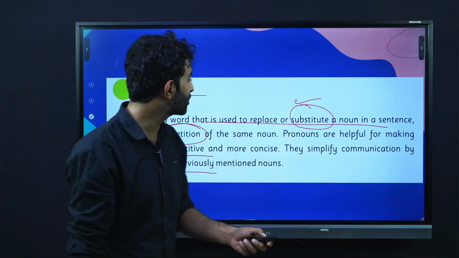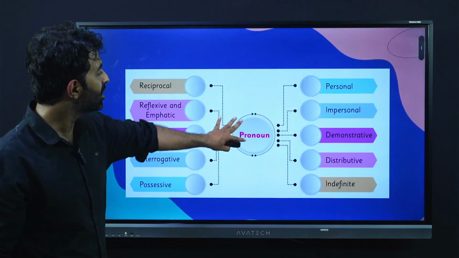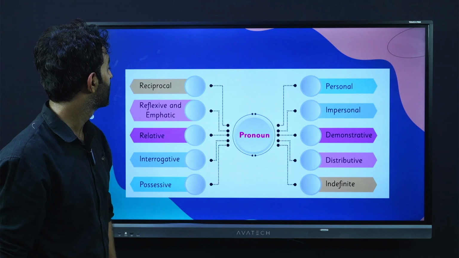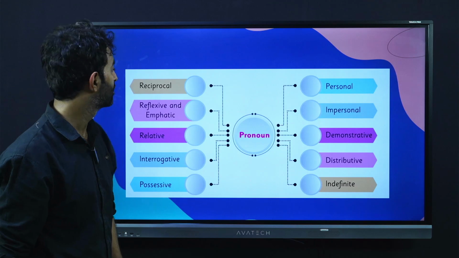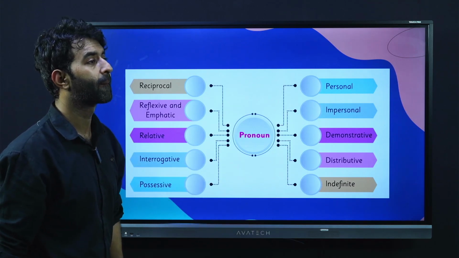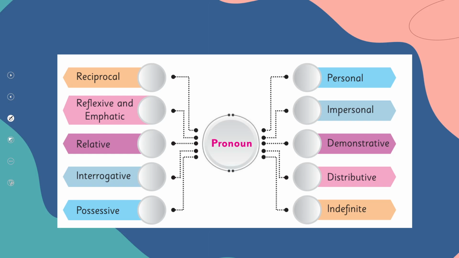Now let's see how it goes. Here, students, is the chart visible to you? Can you read it? Yes, sir. Okay, that's good. Let's see the different types, right?